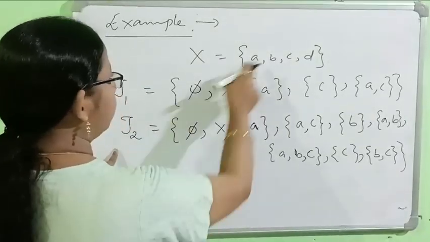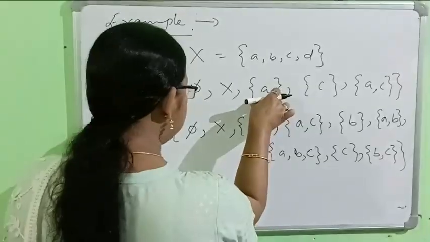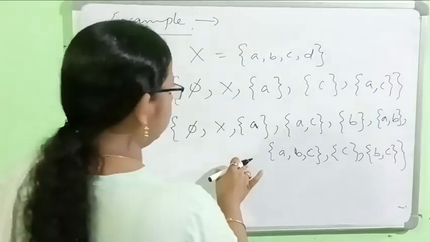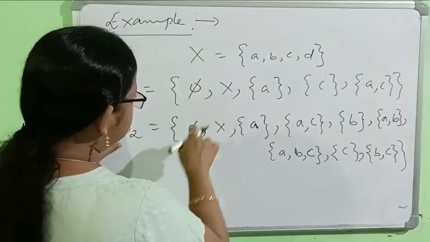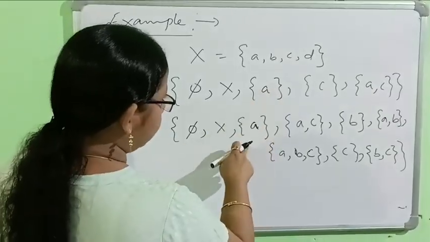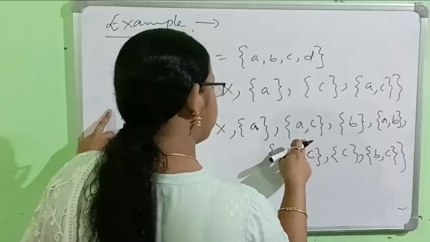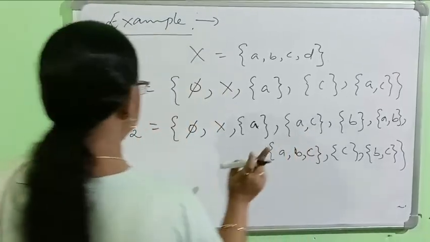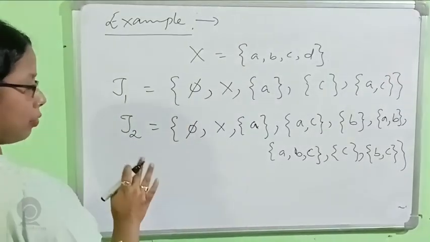T1 and T2 are topologies, and hence one can easily check that elements of T1 are elements of T2. Phi, here it is phi; X, here it is X; {a}, here it is {a}; {c}, here it is {c}; {a, c} is contained here in T2. Each element of T1 is a member of T2.